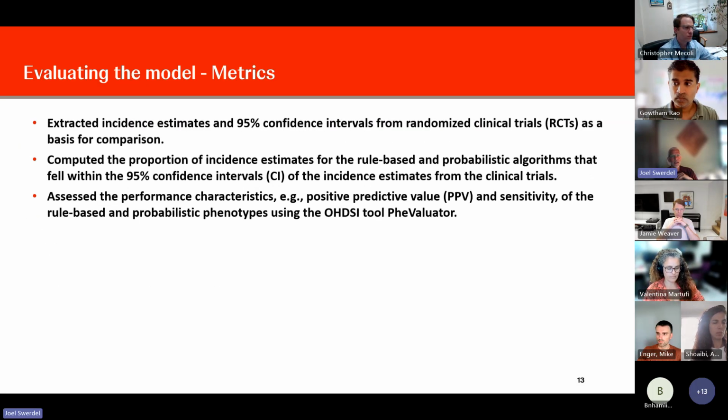To evaluate the probabilistic phenotype for angioedema and to test the different cut points we might use, the first thing we did was extract the incidence estimates, either an incidence rate or an incidence proportion, from the randomized clinical trials and their 95% confidence intervals.